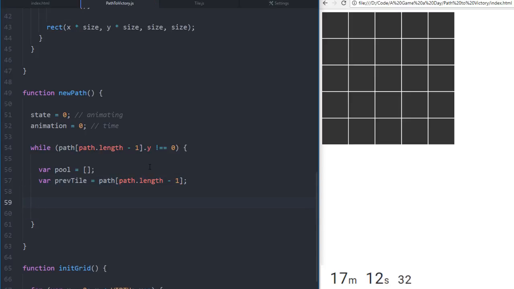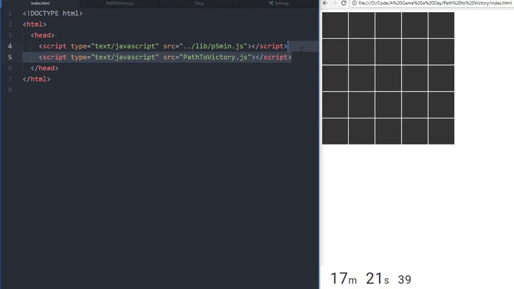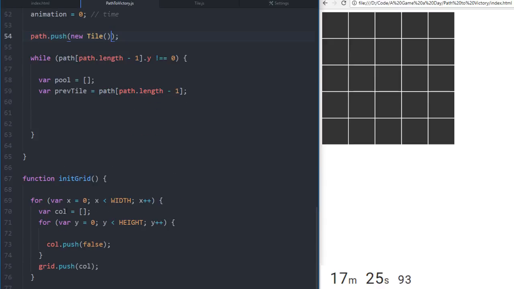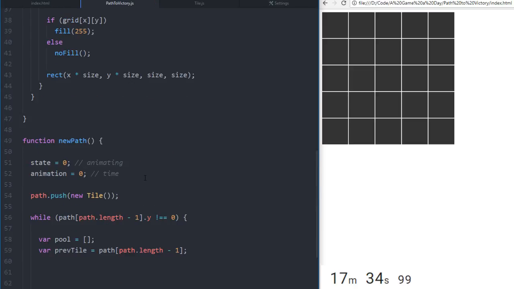So now what we'll say is path.push new tile, then tile, we need to say tile here. I need a better way of doing things like this. New tile, xy false. There we go. So path.push new tile, 0 comma height, false.